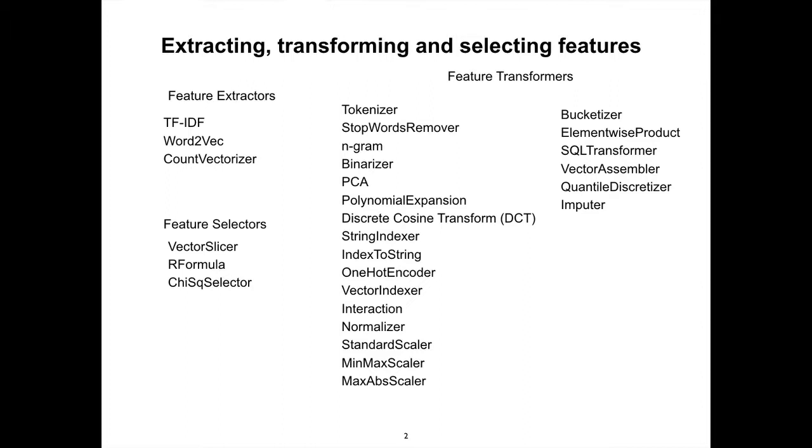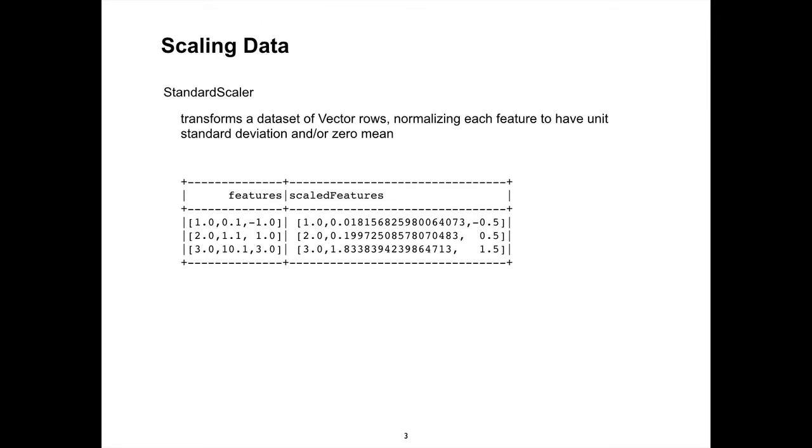There's a bunch of them for scaling data, and this becomes important, particularly when you're doing clustering. You measure how far things are apart, and if you scale one dimension differently, that can affect how far apart points are.